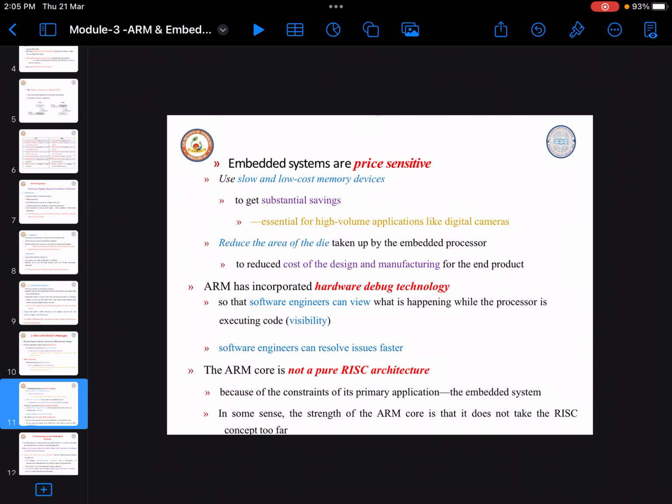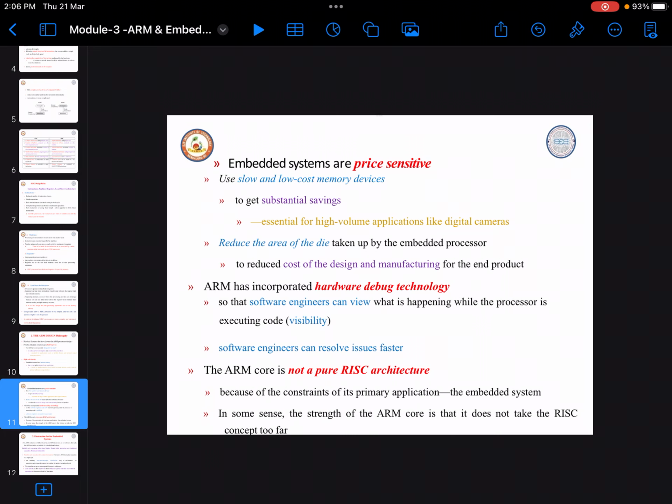Embedded systems are price sensitive, so they use slow and low cost memory devices. With that, we can support high volume applications like digital cameras, and they reduce the area of the die taken up by the embedded processors.